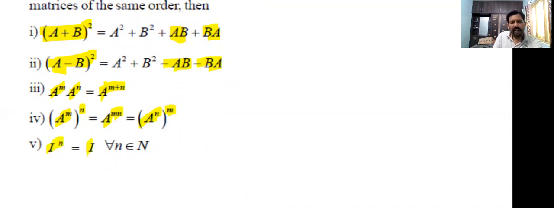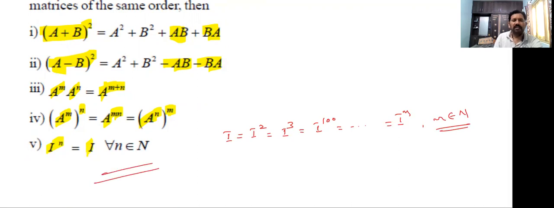That means I is equal to I square, I cube, I power 100, and so on. I power n is also I only, where n belongs to the natural numbers. These are all equal. Okay, students?